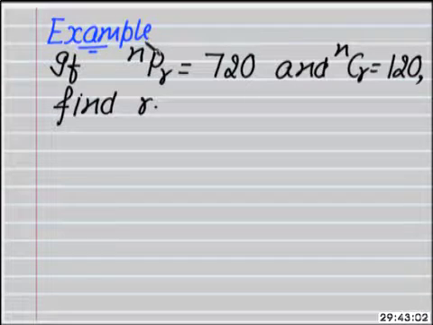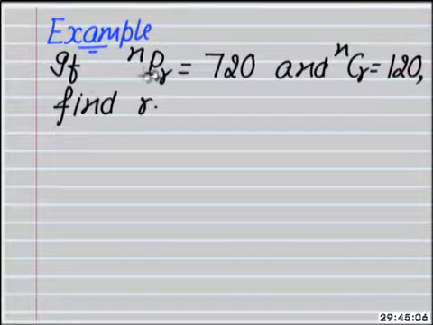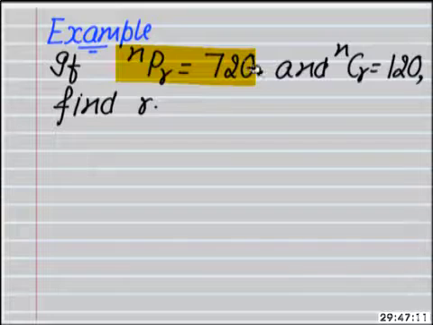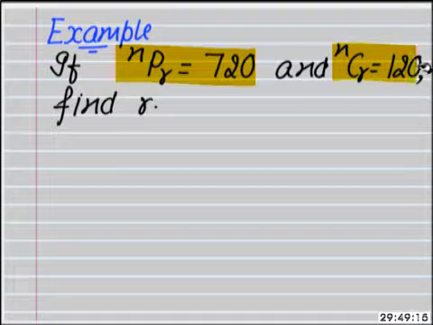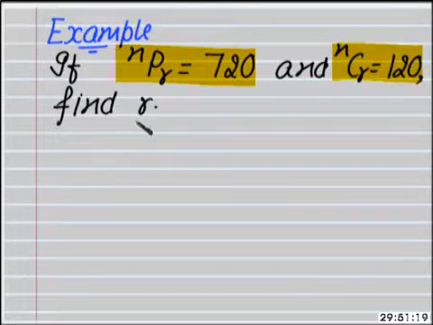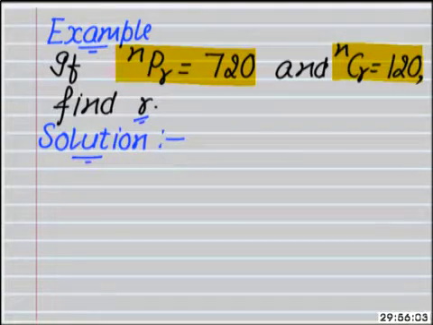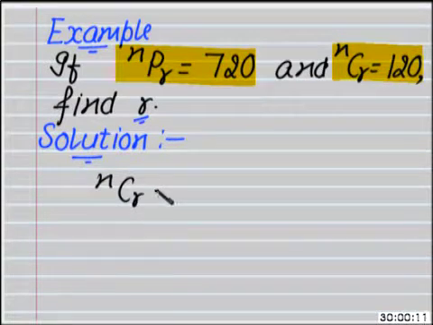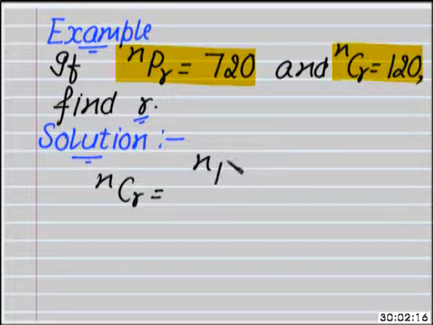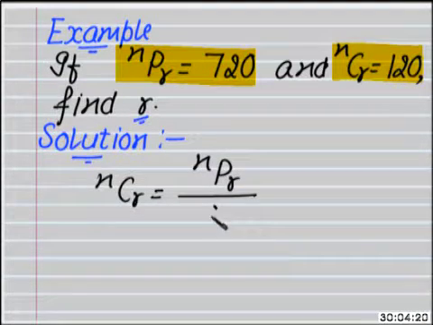Now let's see another example. If NPR is equal to 720 and NCR is equal to 120, then find the value of R. Now its solution. As we know that NCR is equal to NPR upon R factorial.